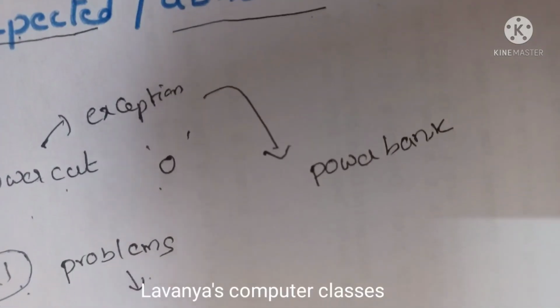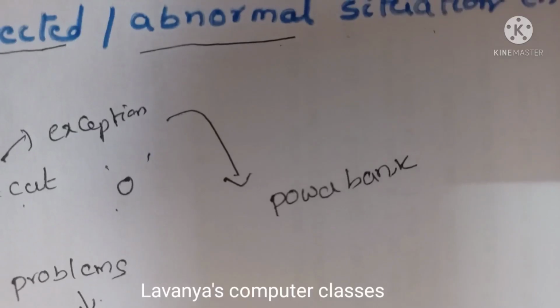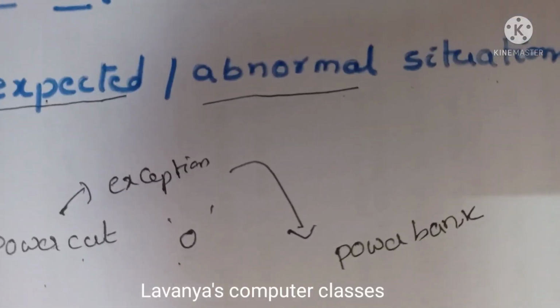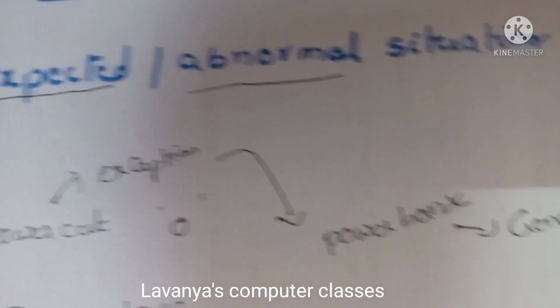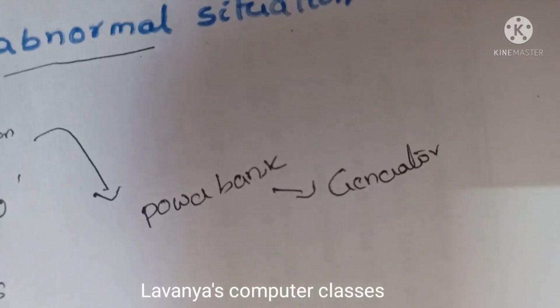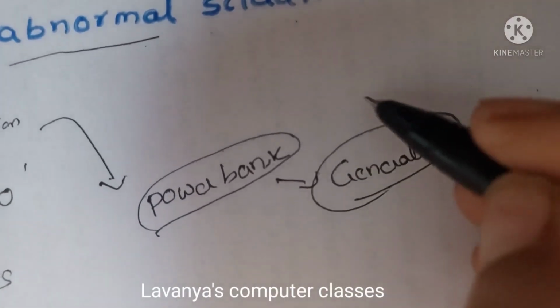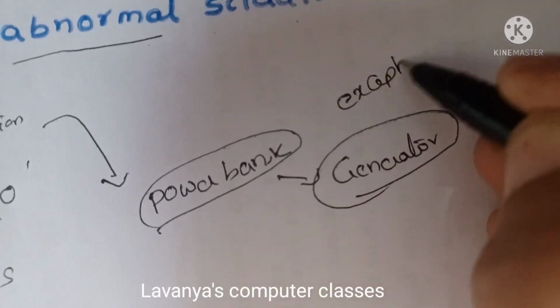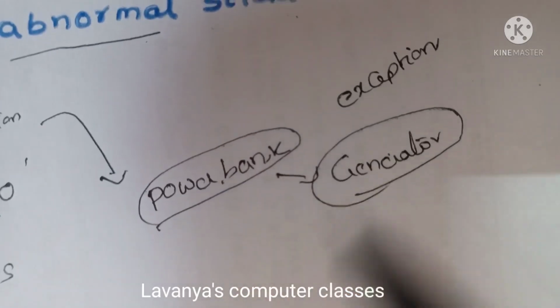If you are facing any power problems, how can you solve them? For that we think of one more alternative, either a power bank or a generator. If a generator is at home or at office, then even with a power cut we download our movie without facing the problem. So these are all called exception handling. If an exception occurs, how to handle it? These are the alternative sources.